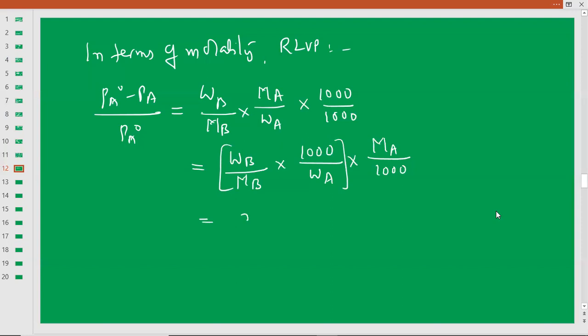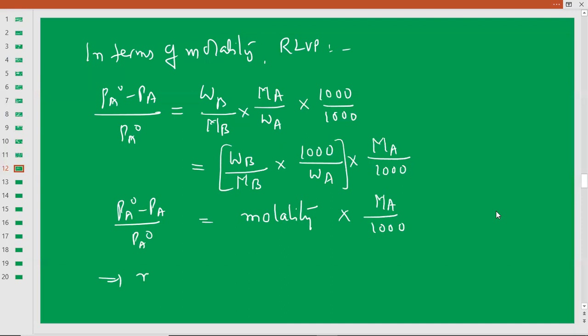So this is all called molality into molecular weight of solvent by 1000. That is actually equal to our (PA naught minus PA) by PA naught. So from this, what is the molality expression?